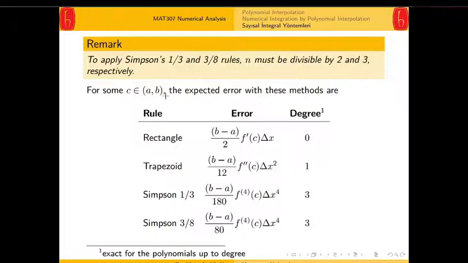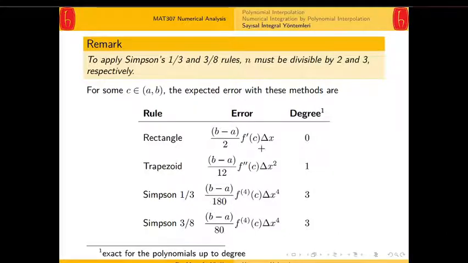For some c in the interval AB, the expected error with these methods is given in this table. With the rectangle rule, the error will be (b minus a) divided by 2 times the first derivative of f at some point c times delta x.